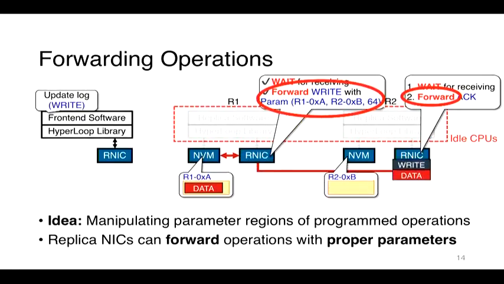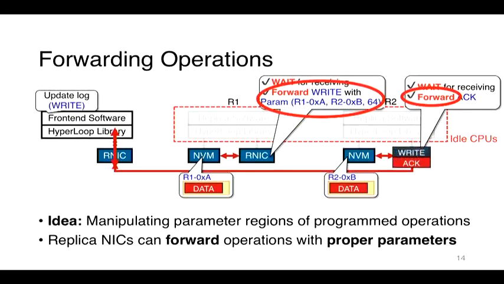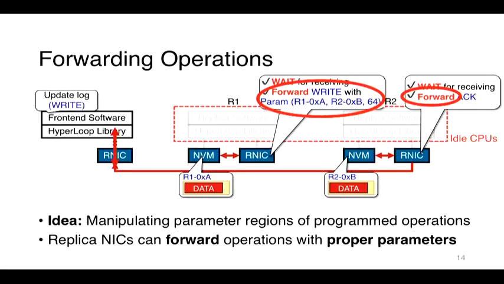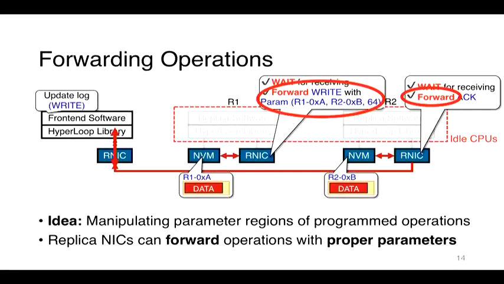This receiving event will also trigger the NIC to forward the write operation with updated parameters. With this technique, the replica's NICs are now able to forward the operation with proper parameters configured by the front-end server without involving replica CPUs.